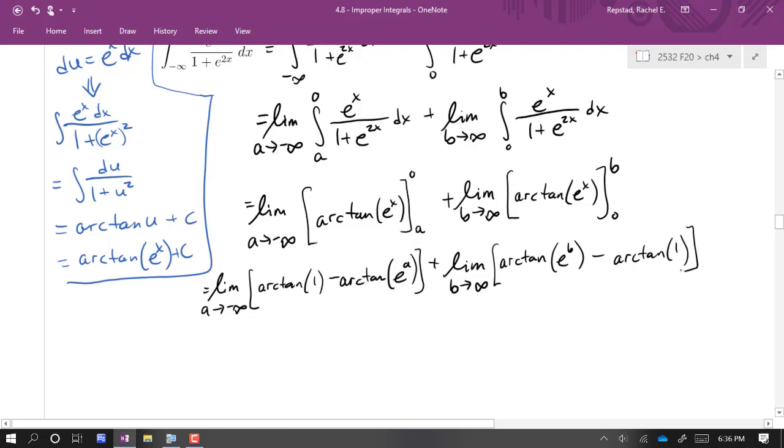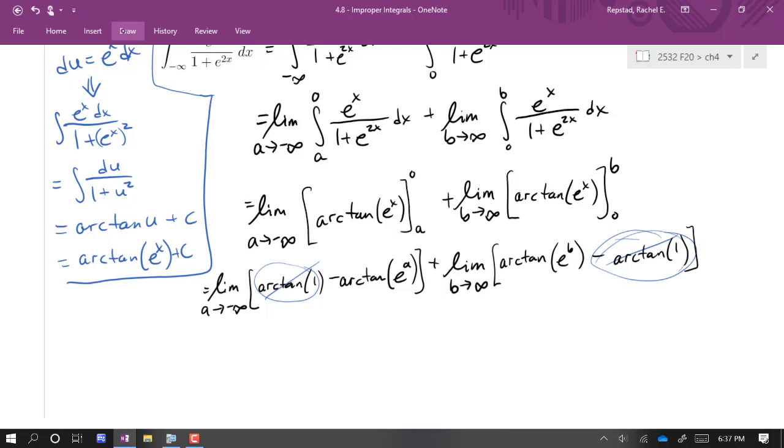So notice this will happen in these improper integrals where we have to split it up. Here I chose 0 to split it up. So in both of these limits, when I'm plugging in my limits of integration, there's a positive arctan of 1, and then here's a minus arctan of 1. We could carry it through, but these are actually going to cancel. They're constants, and they cancel, right? They're both equal to pi over 4.